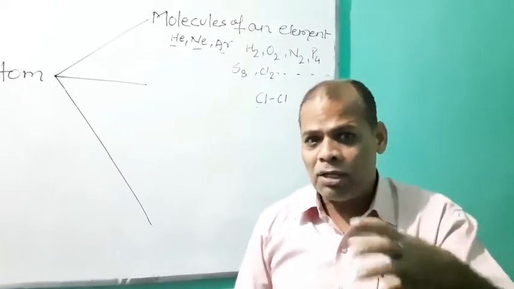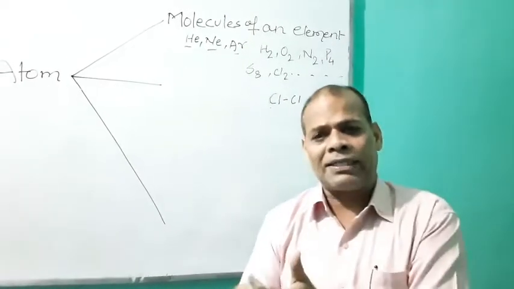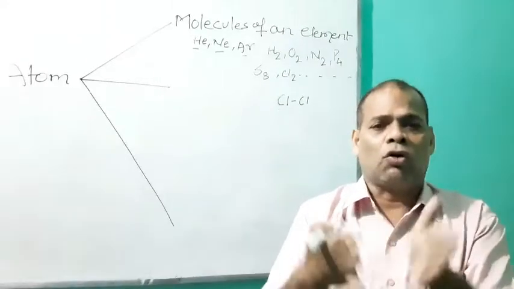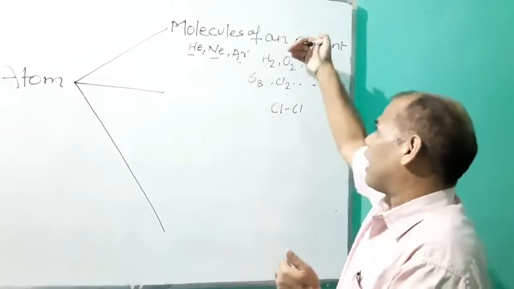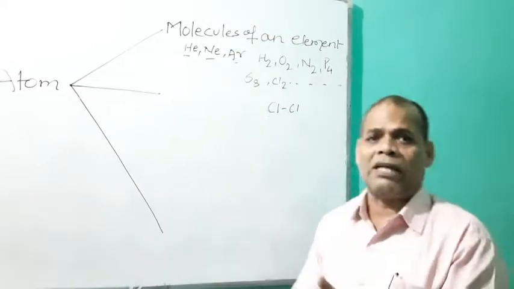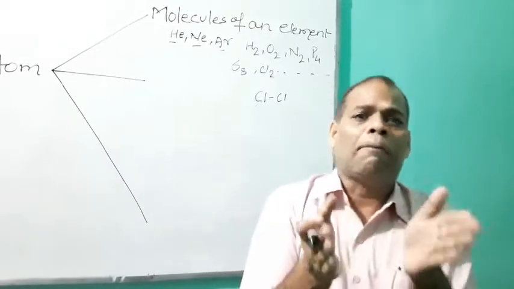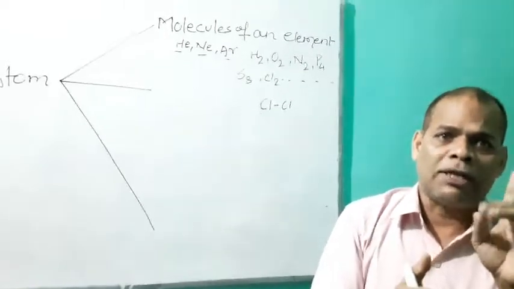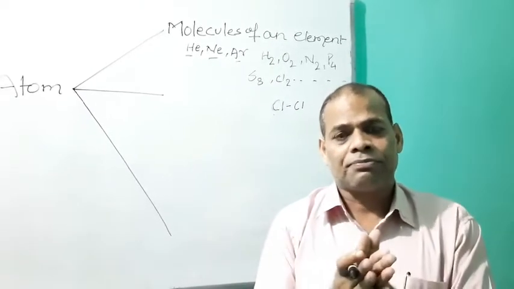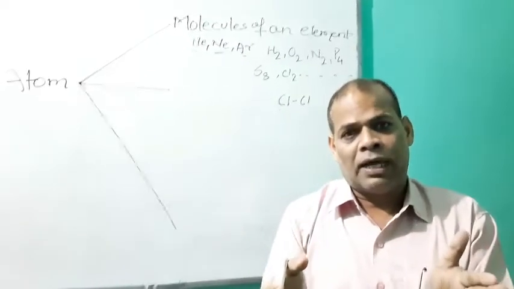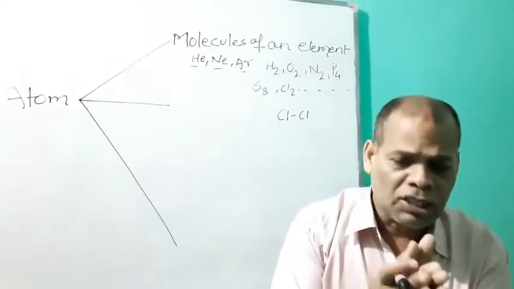So what is a molecule? It is a combination of a group of atoms bonded together. So in a molecule of an element, a group of same types of atoms bonded together.